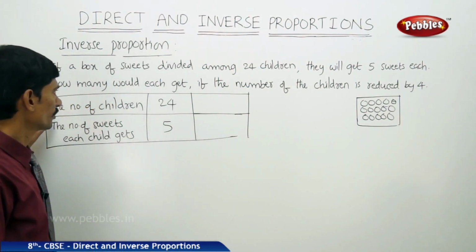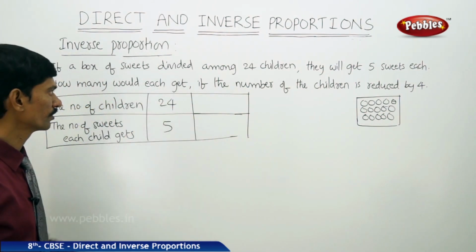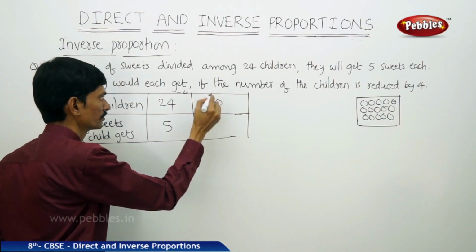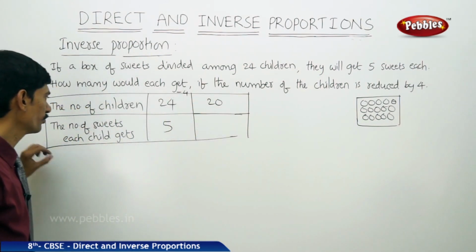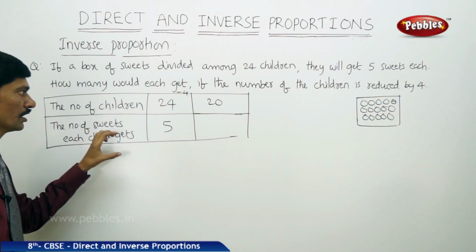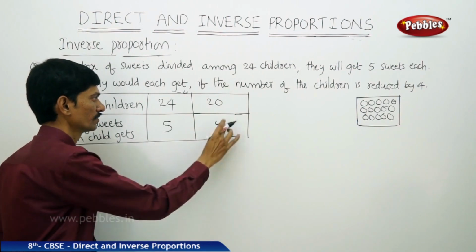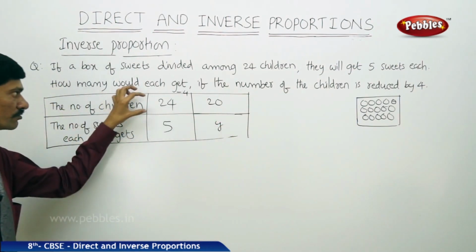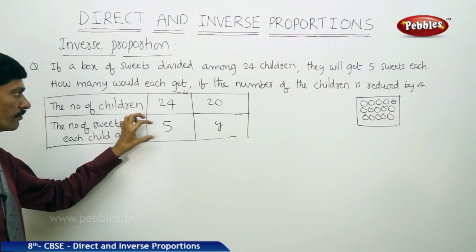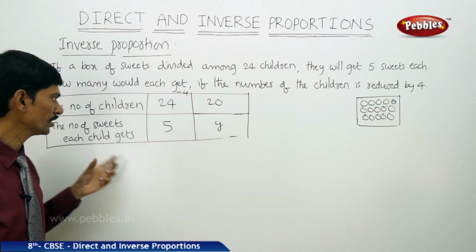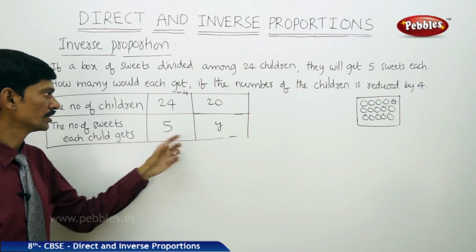And if the number of children is reduced by 4, so minus 4 means 20. Then how many sweets each child gets? So this we have to find. When the number of children is 24, each child gets 5 sweets. So when the number of children is 20, how many sweets each child gets?